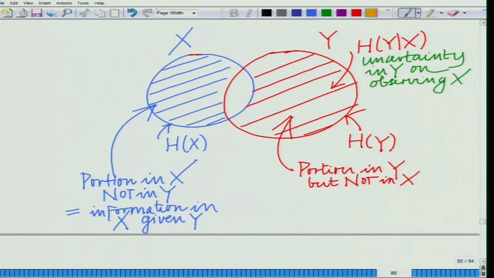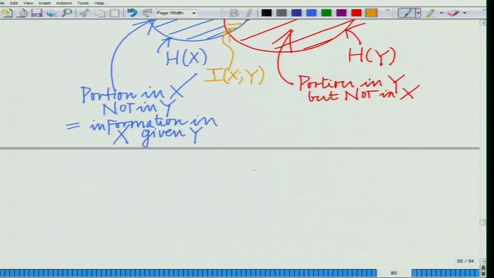And if you look at this area of overlap, that is the portion in both x and y, this is the mutual information, that is information about x resolved on observing y, or information about y resolved on observing x.